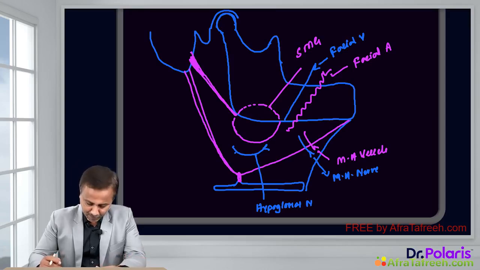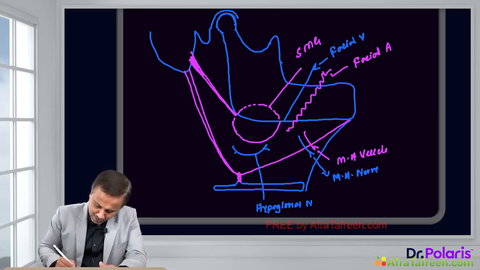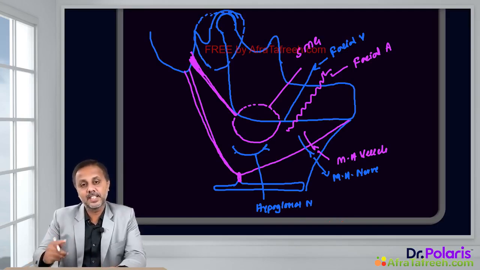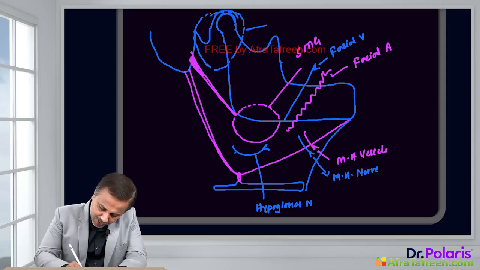What about the posterior part then? The posterior part has one important gland. What is that? This is the parotid gland, the apex of the parotid gland.